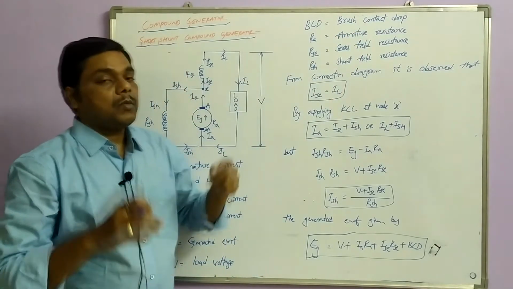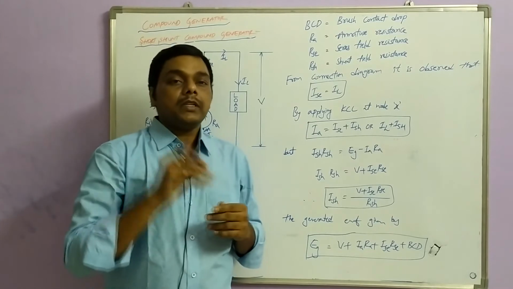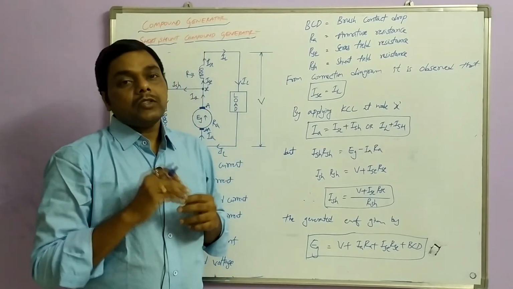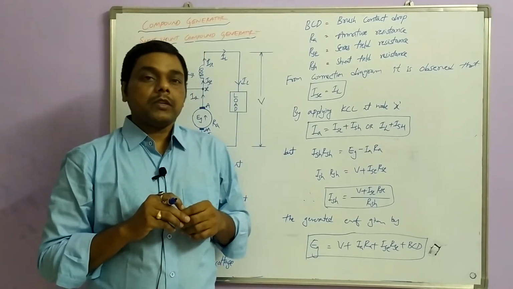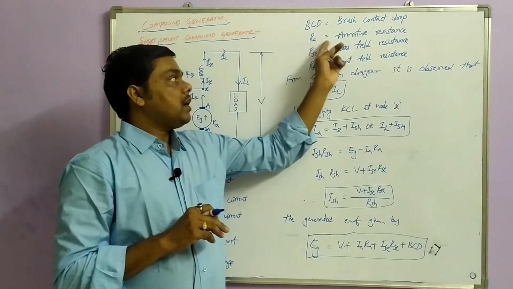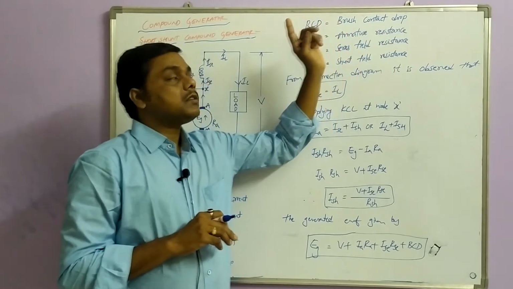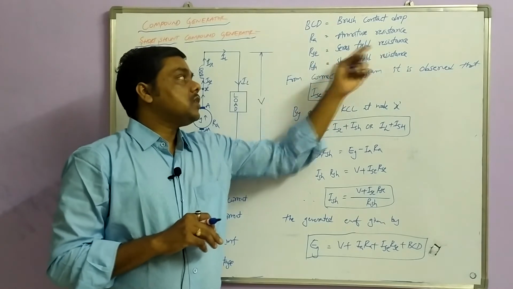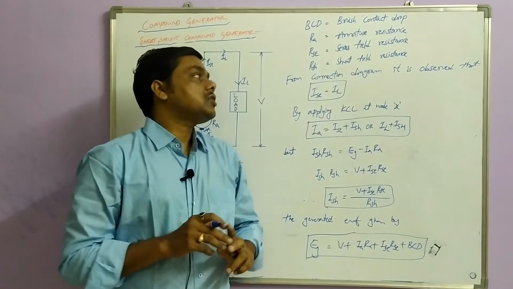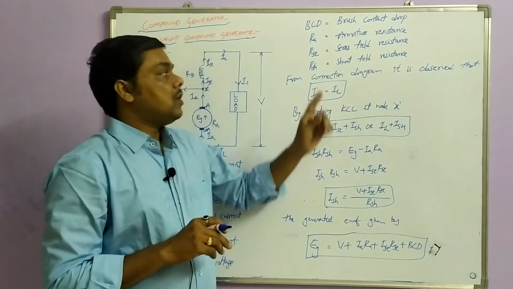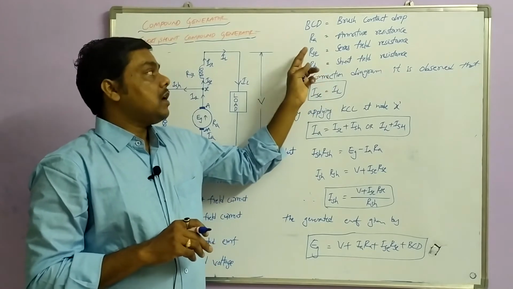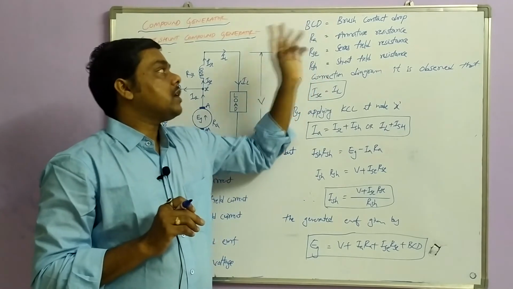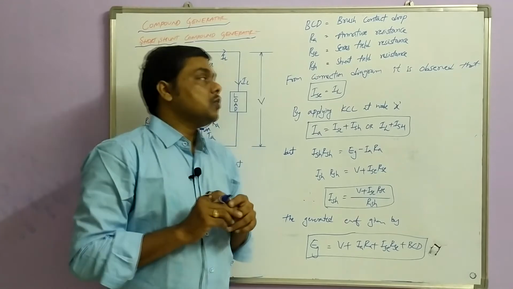We are placing the brushes on commutator segments. There is some voltage drop across the commutator segments due to brushes, and RA is the armature resistance, RS is the series field resistance, and RSH is the shunt field resistance. We know RSH is very high and RS is very low, so RA has a nominal value.